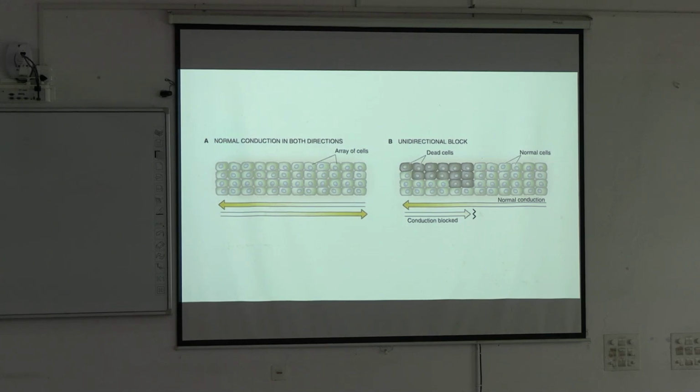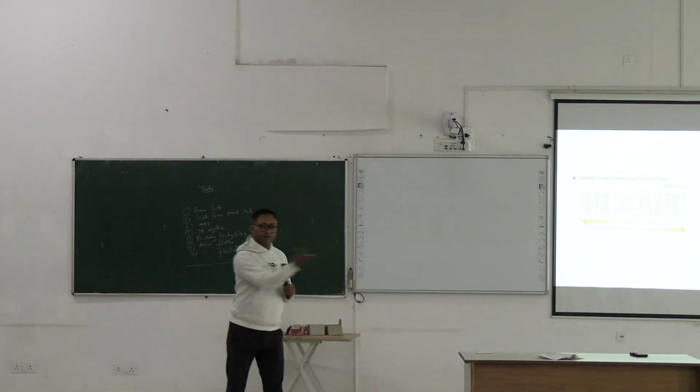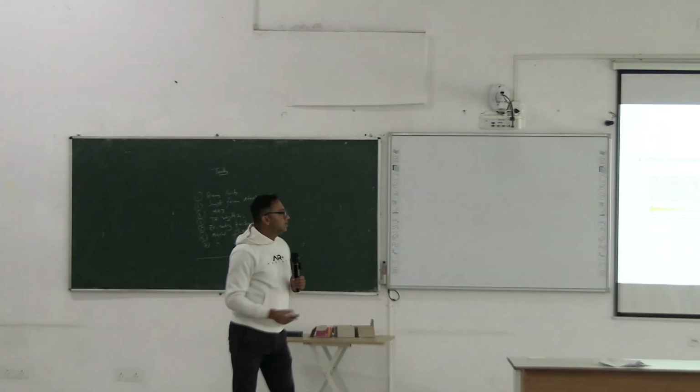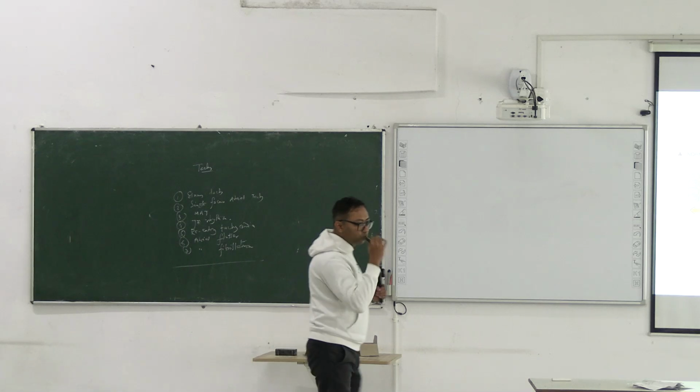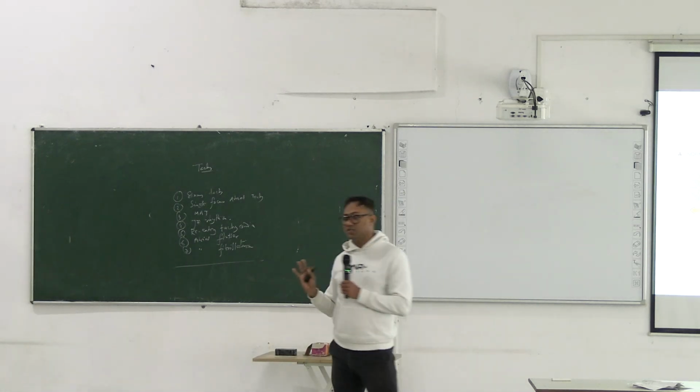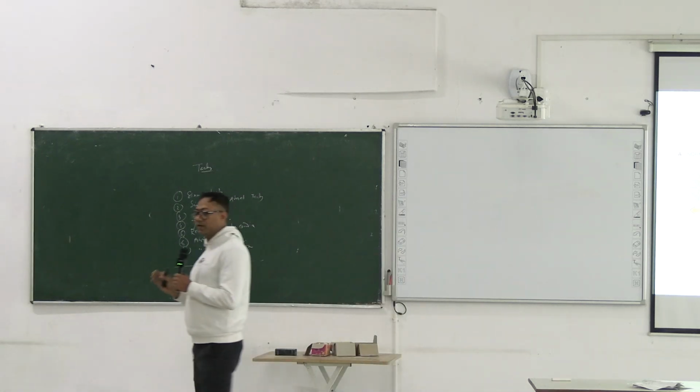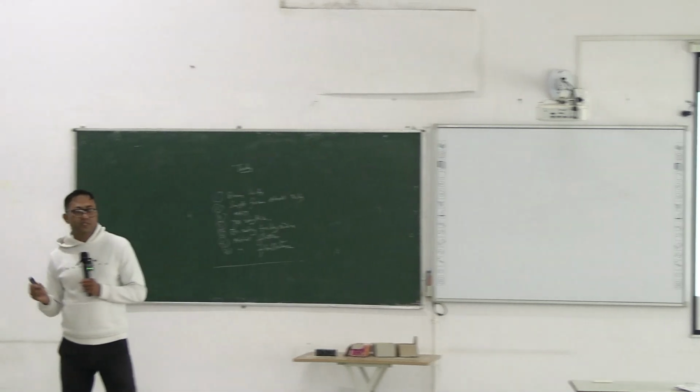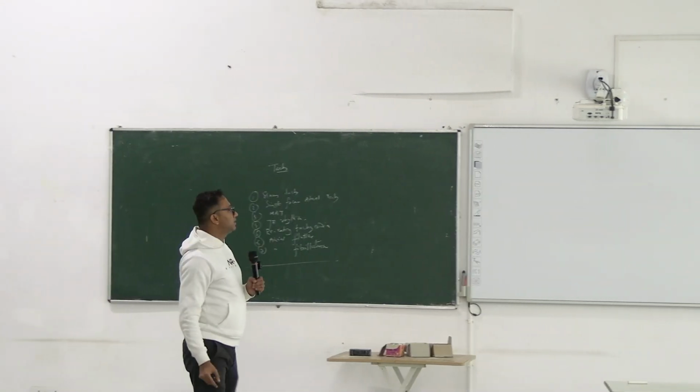And both the direction, दोनों direction में action potential travel हो सकता है. Okay? एक सेल है, इसके बाद सेल है, इसके पहले सेल है, तो यहाँ भी action potential travel होगा, यहाँ भी action potential travel होगा, right? Okay, so one cell to another cell through gap junctions, which is the physical attachment between two cells.